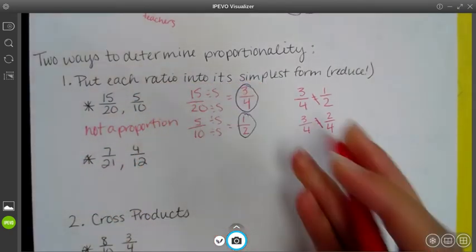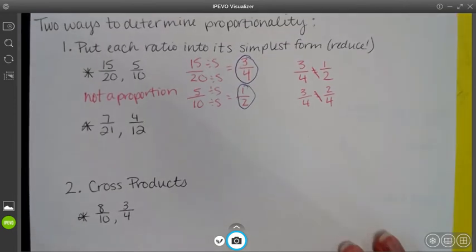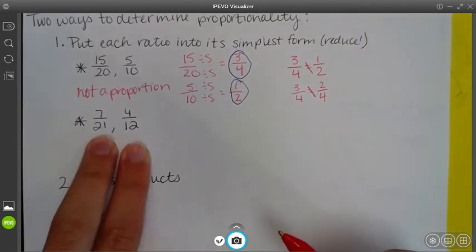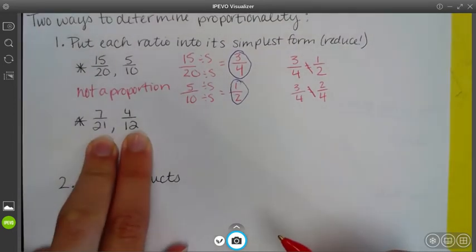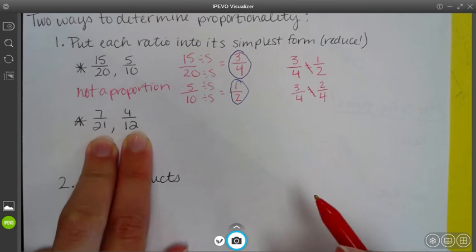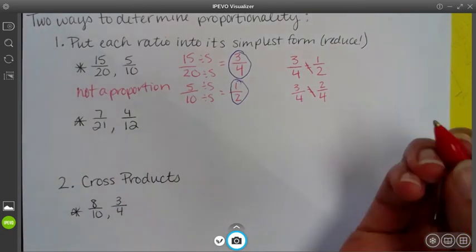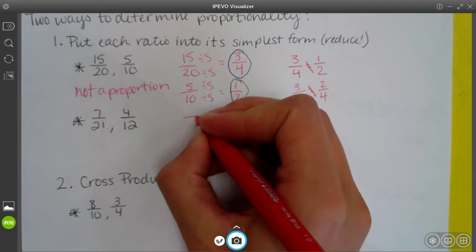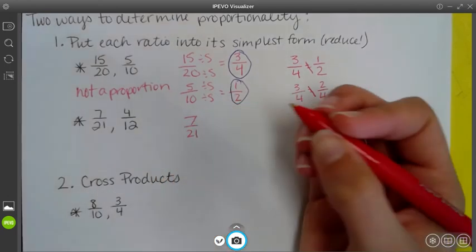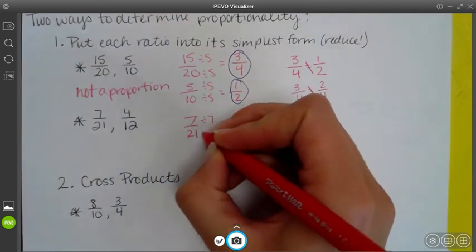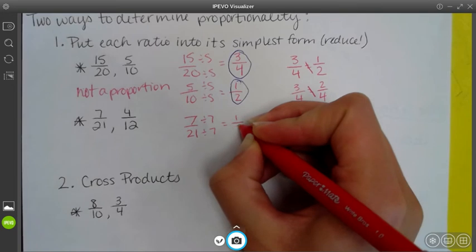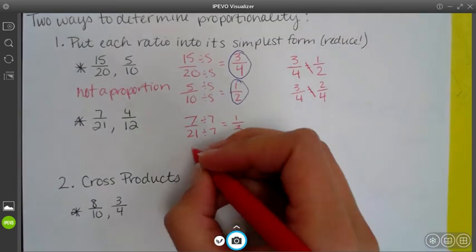All right, next one. I encourage you to pause here, reduce both of these, and see if they're equal. Okay, so give it a shot. Now we will go through it. So I will reduce 7 over 21. Those are both divisible by 7, and I have 1 over 3. And then I have 4 over 12.